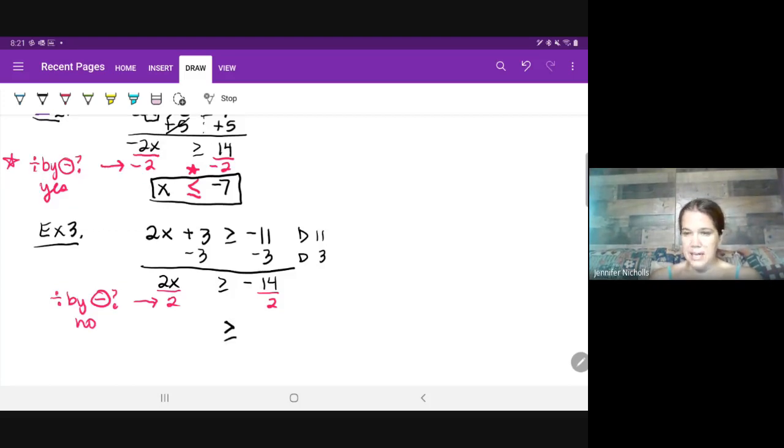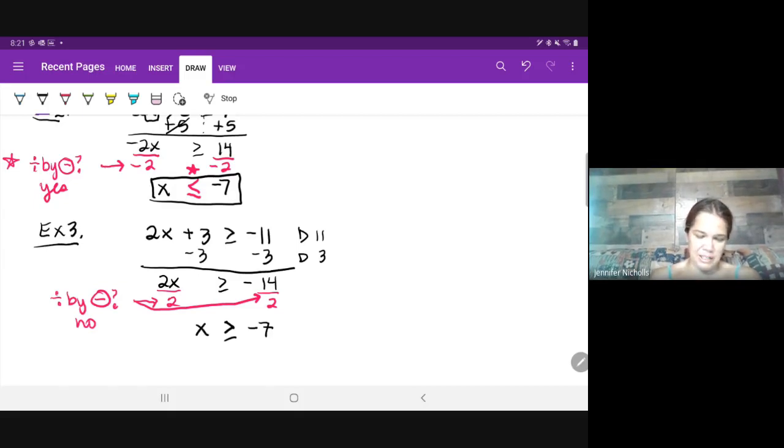So see how the 14 is negative? That doesn't make you switch the sign. Okay, so the negative on the top is not what does it. It's this negative in the denominator that, if you divide by a negative, it switches the sign. Okay, so this one stays the same.